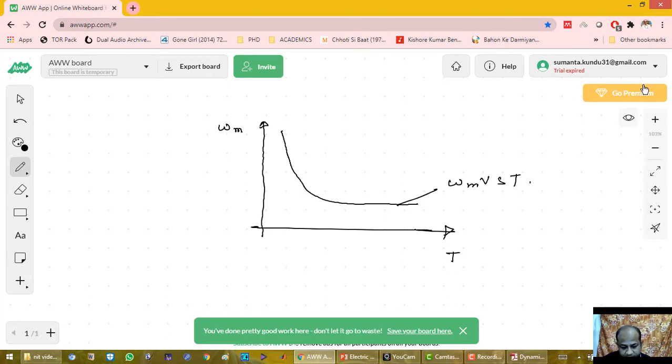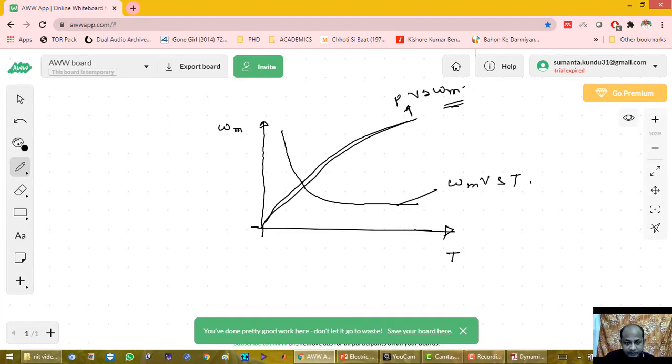Now what we will do, we will determine the p value easily for different speed, and I will plot that value. So it will be like this. This is my p versus omega m, because for different omega m we can get the value of p.